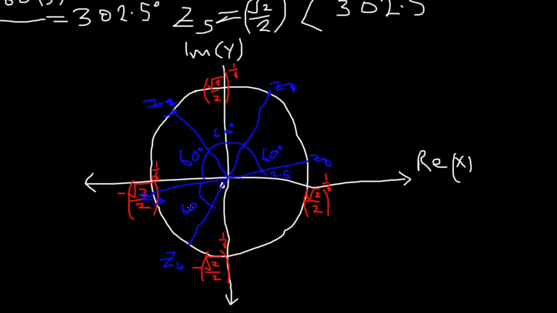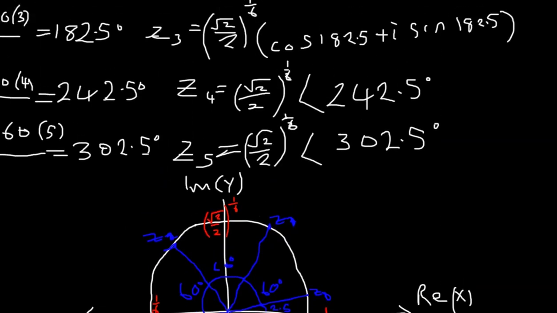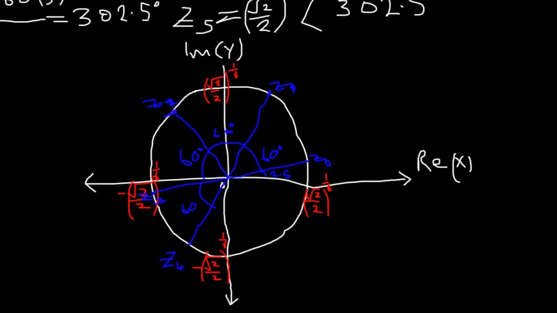Try to subtract: 242.5 minus 182.5, you get your answer to be 60. So if the angle between the complex numbers is not consistent, just know that somewhere you went wrong.